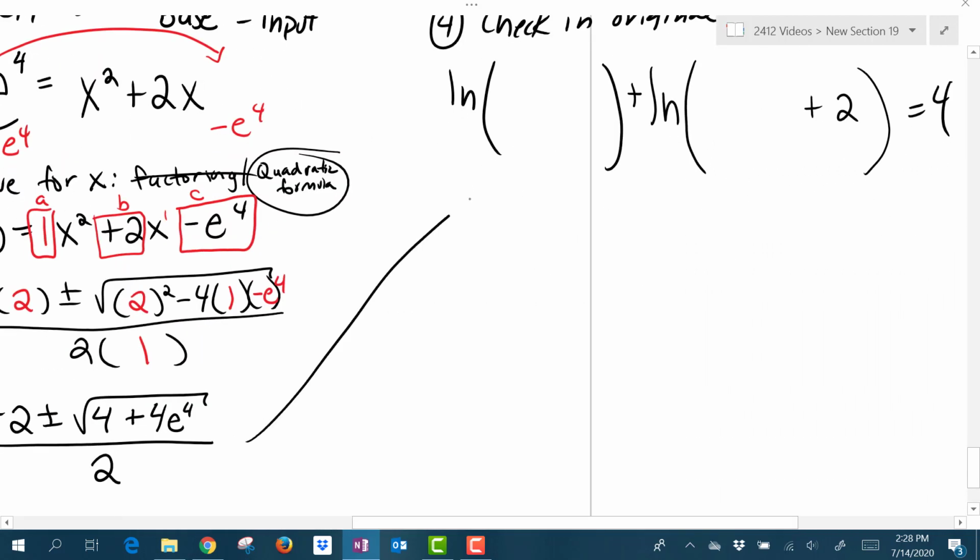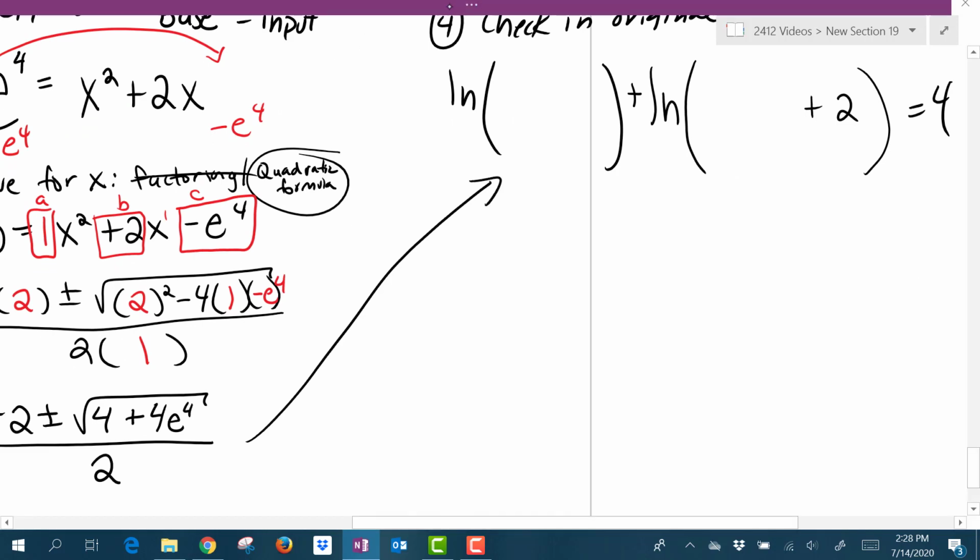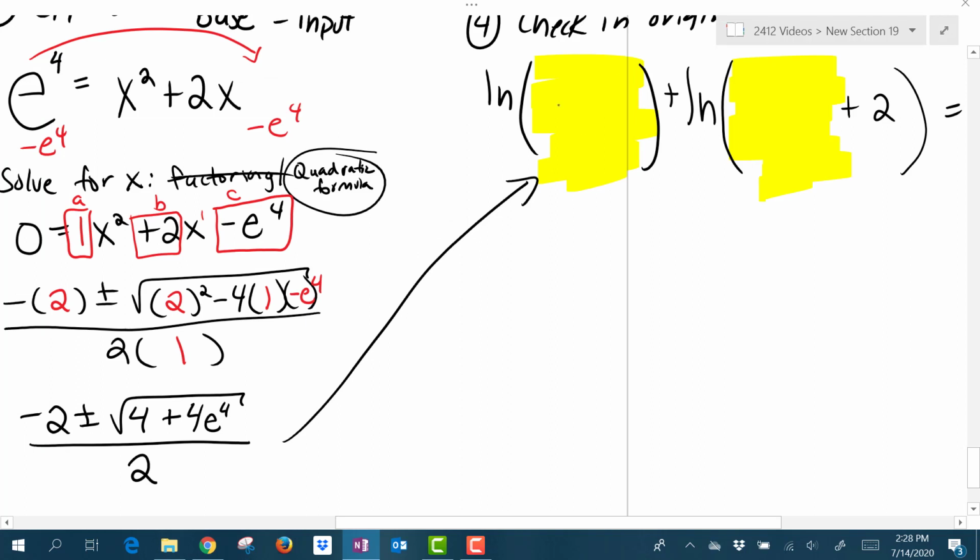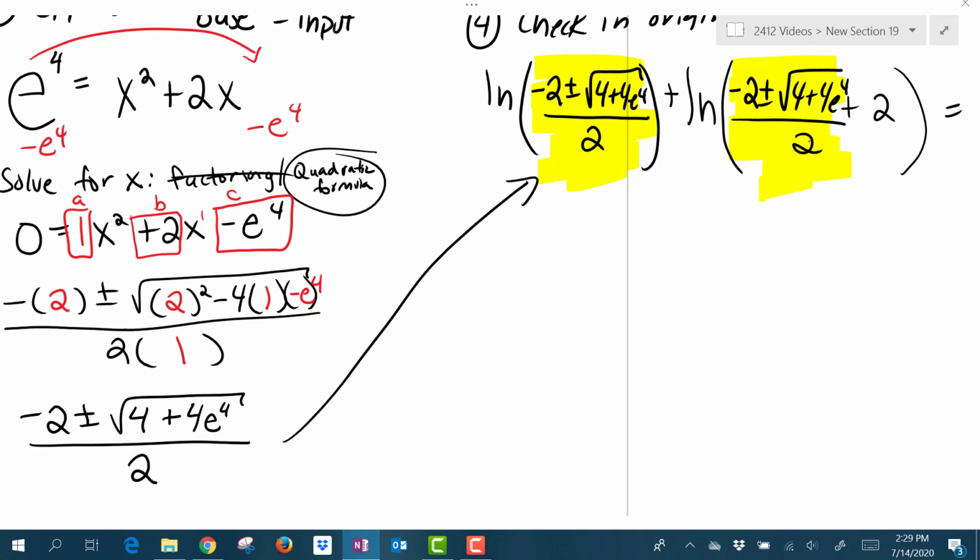And now we're going to take that solution and we're going to plug it in everywhere that we had an x before. Alright, I definitely don't know what that is off the top of my head, so I'm going to plug that into Desmos.